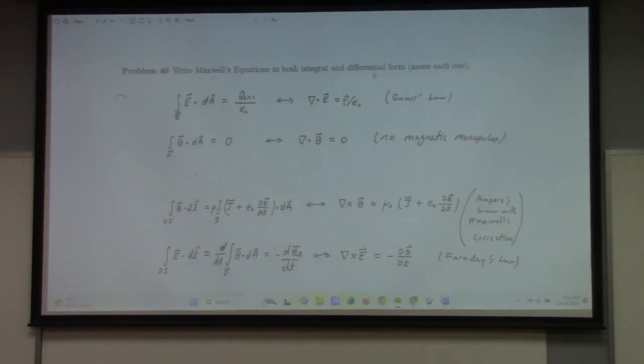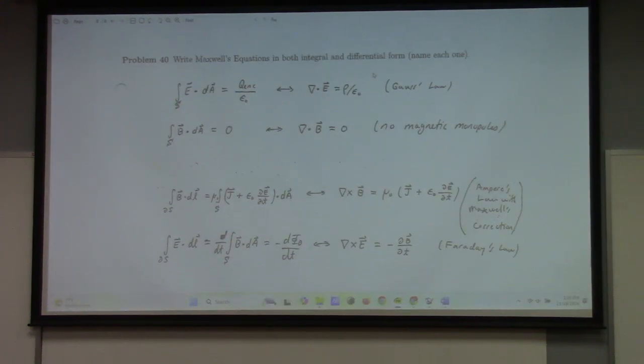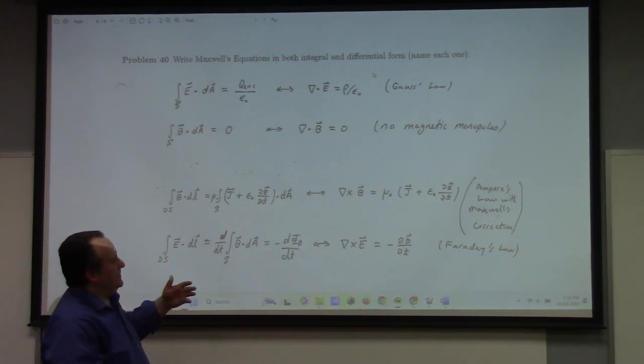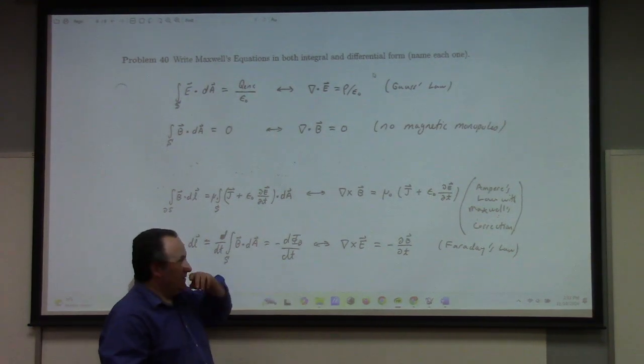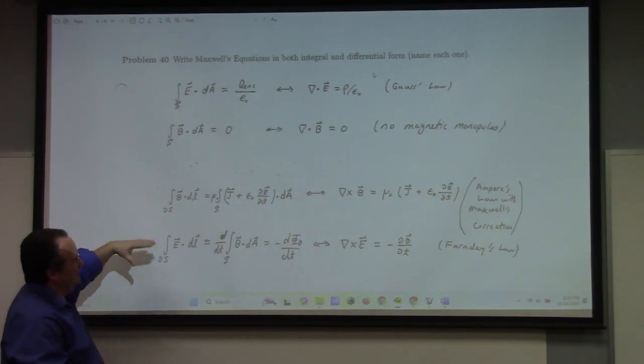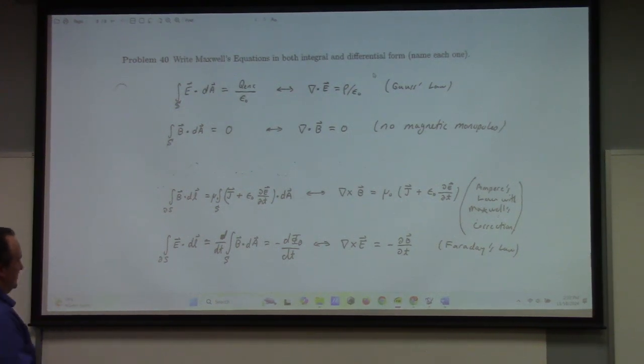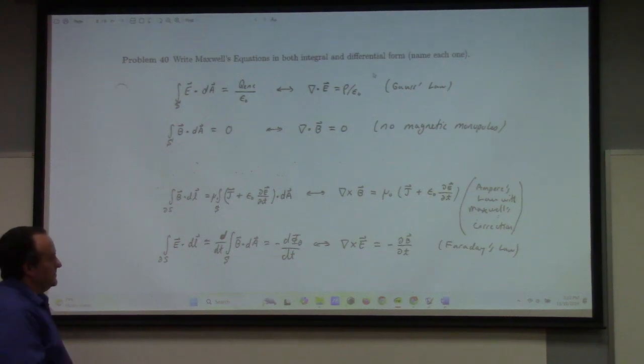You know, the integral form, you could say something slightly different, and it would still be correct, possibly. But the differential forms are what they are.